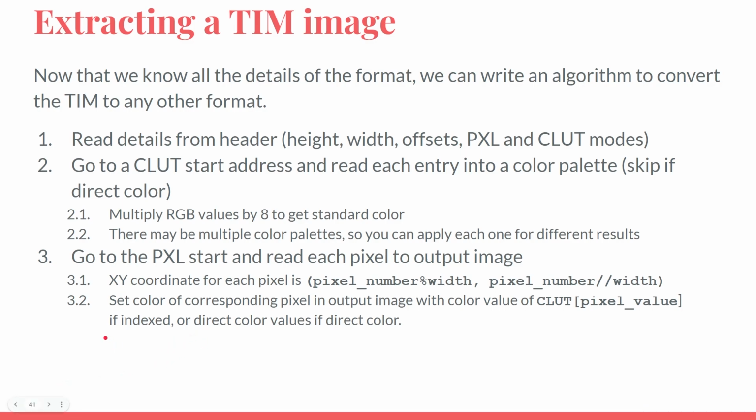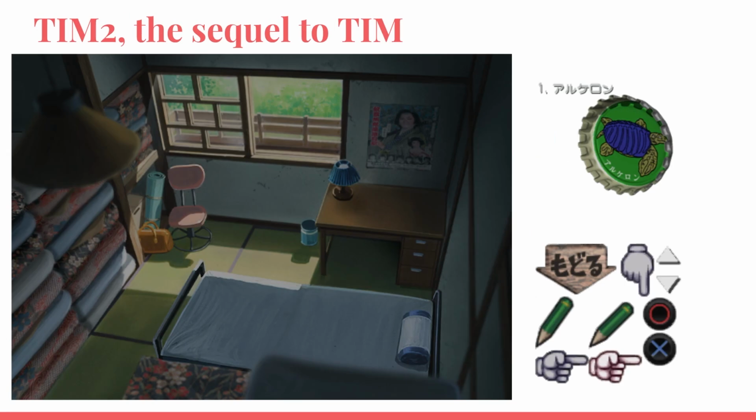If the image is indexed with a color palette, then the values that we read for each pixel will be an entry in the color palette. So we use that as an index in the CLUT. But if it's direct color, we just use the color that we read directly from the pixel data. And we can extract an image that easily. That is the standard PS1 format taken care of.